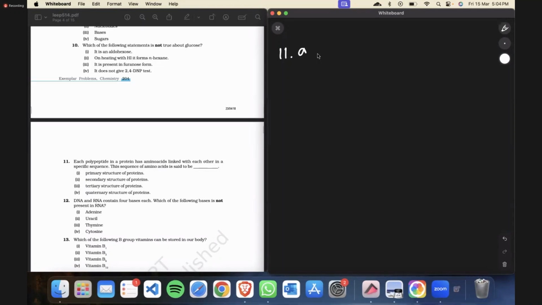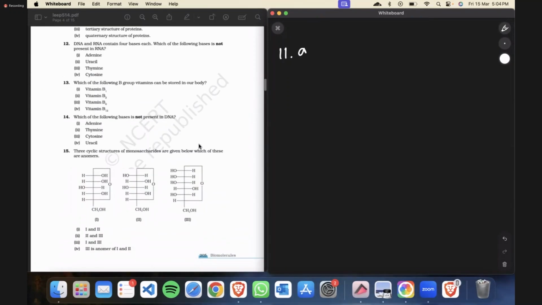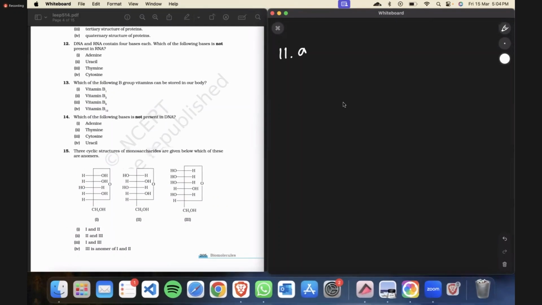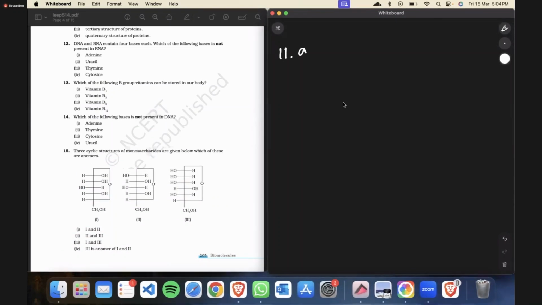Next up, we have question number 12. Question number 12 says DNA and RNA contain four bases each. Which of the following bases is not present in RNA? Adenine, uracil, thymine, and cytosine.